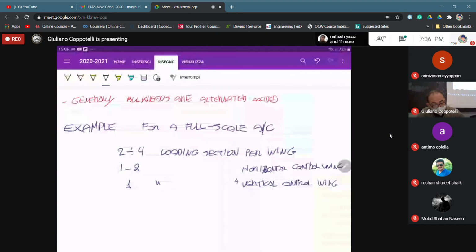Yes, some depends on how large these are. Some loading sections for propulsive system. And just 1 in case for transversal loading.